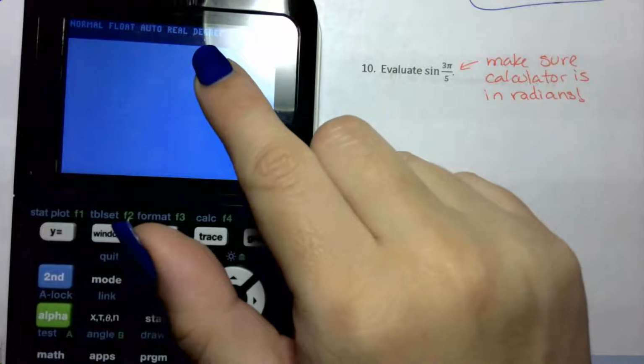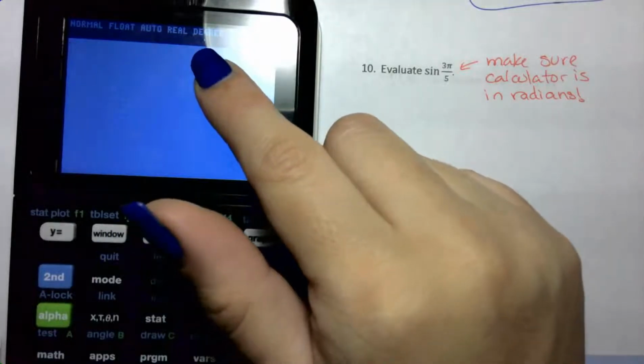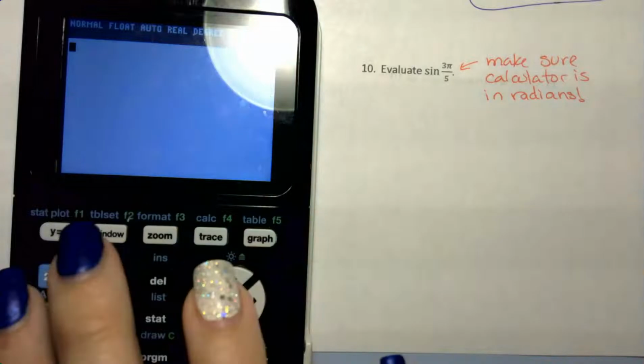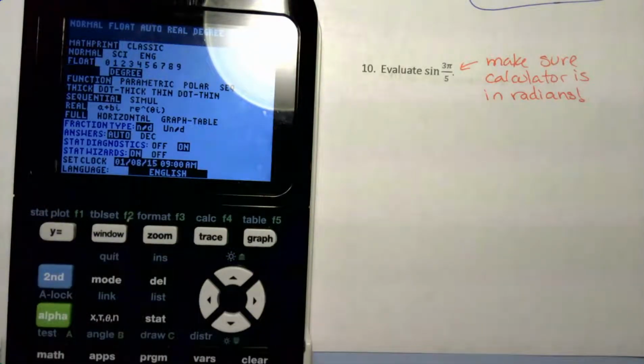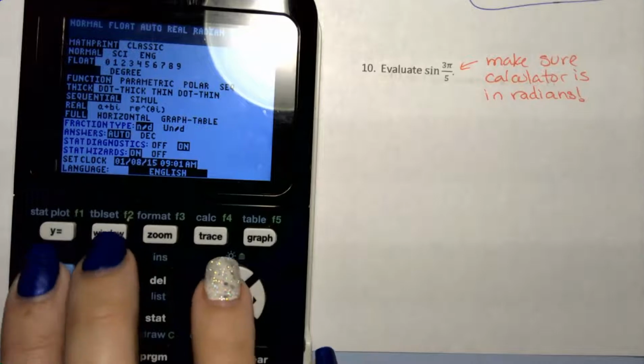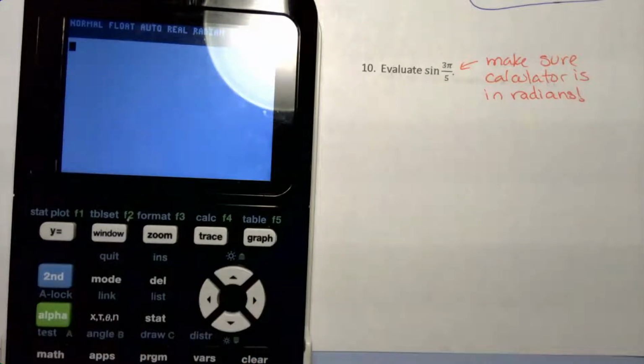It'll either say degree or radian. If I'm on an older calculator, I just need to go into mode to check. So I go mode. I arrow down. If the word degree is highlighted, that means it's in degrees. I want radians for this problem, so I press enter. And then radians should either be black or flashing. Then I go second mode to go back home. And I can type this in.